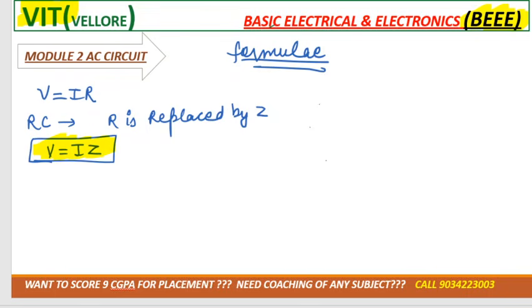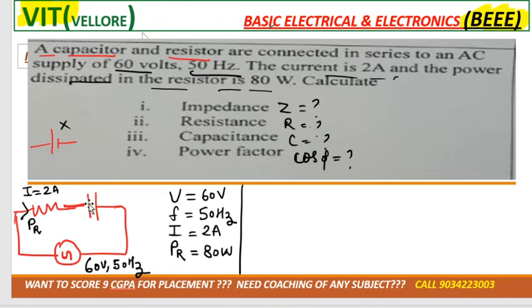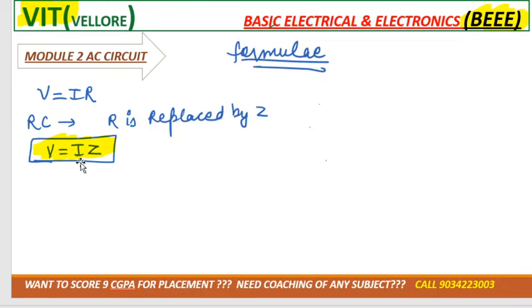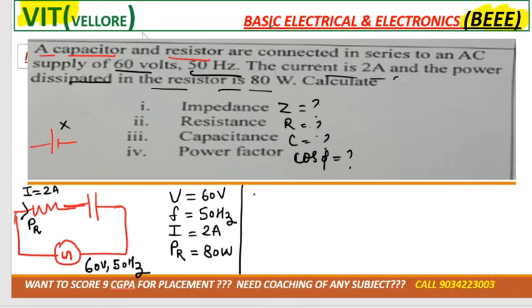You can't use V equal to IR whenever they give you a capacitor or inductor. In that case, you need to use V is equal to IZ. Do you know V? That is 60. Do you know current? Can you get Z? 30. Got it?